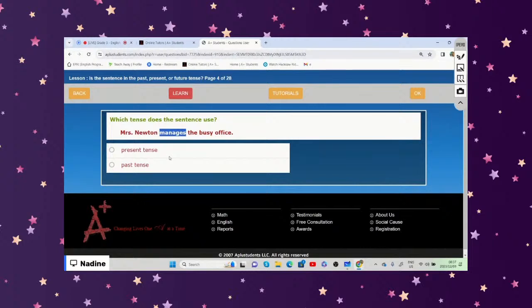It specifically said that in one of the tenses we either add s or we add es. So Mrs. Newton manages the busy office. Is that present tense or is that past tense?